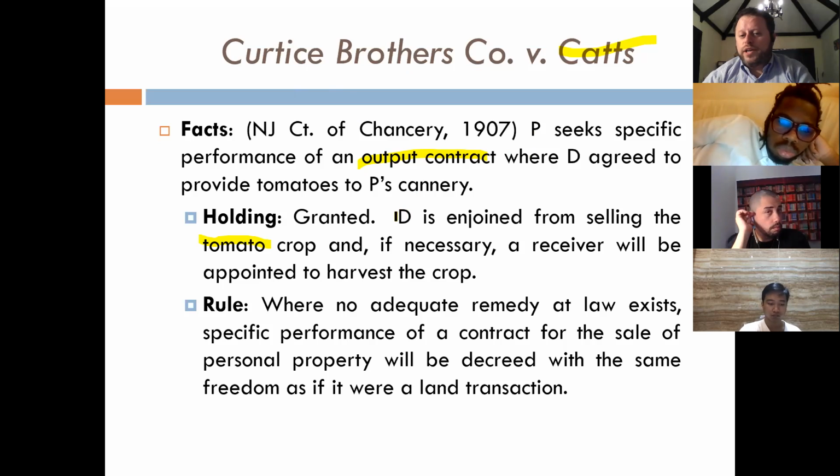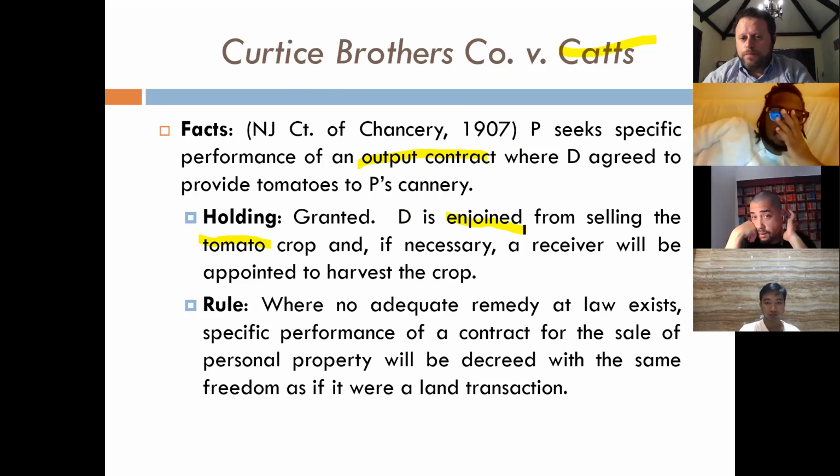And so what the court can do, so how does the court do this? Does the court have a judge go and pick tomatoes? I mean, what does the court do? So what the court does is, this is an injunction and a receiver will be appointed. What that means is they will arrest Mr. Katz.